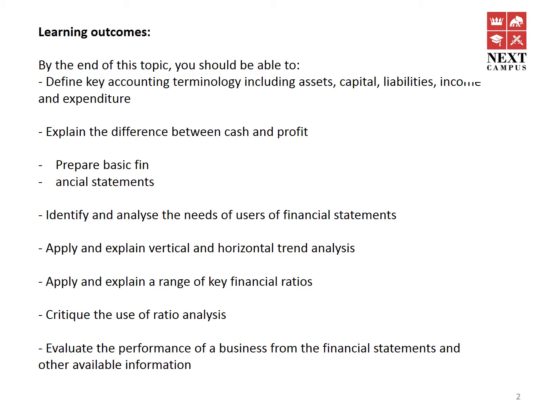And you will be able to prepare a basic set of financial statements, an income statement as well as a balance sheet, the statement of financial position. And likewise, you will be able to analyze financial statements, vertical and horizontal trend analysis, ratio analysis, you will be able to do. So from this particular series, we are moving into the practical aspects of accounting, practical aspects of financial record keeping.